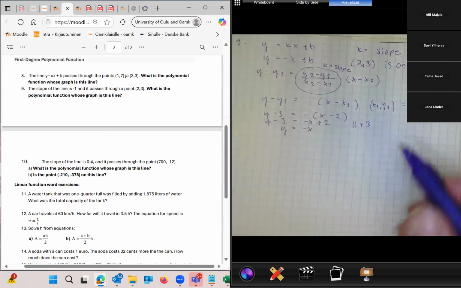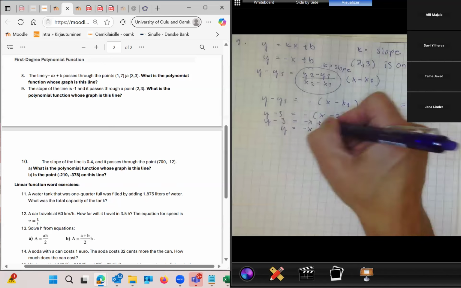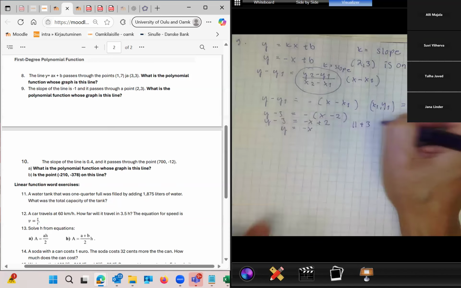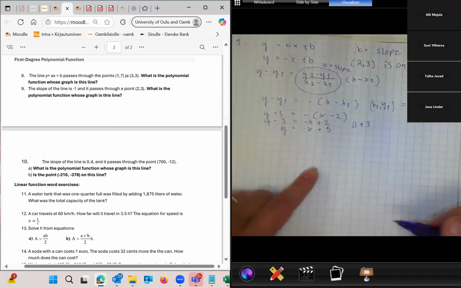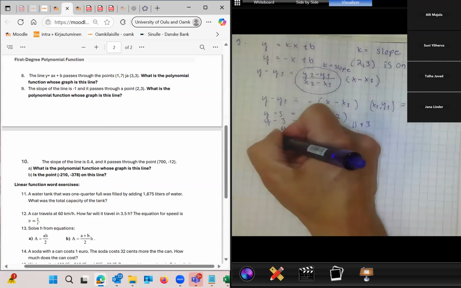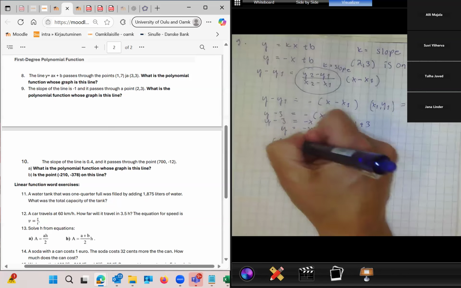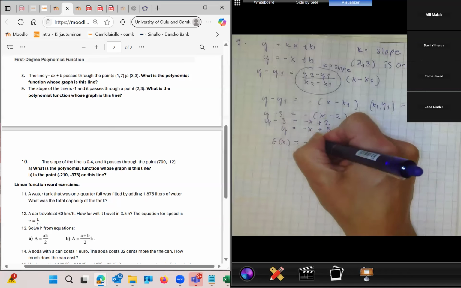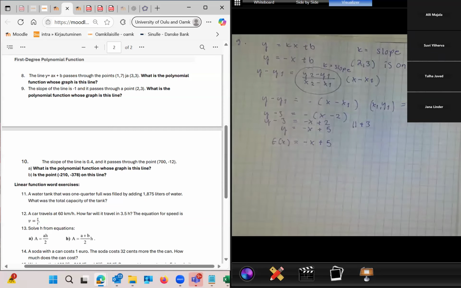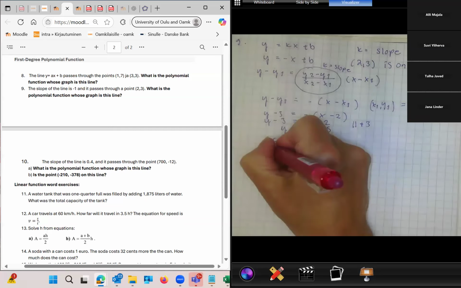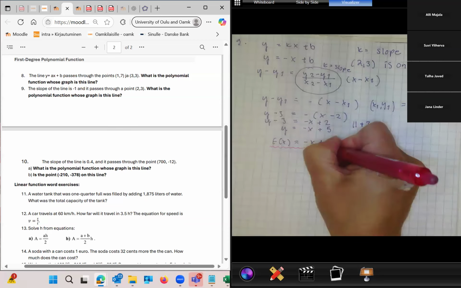It went away. And here I have the +2 plus 3, so it would be +5, of course. Just like that. Okay, and the polynomial function, first degree, just write it with the f(x). And now we are in the final form.